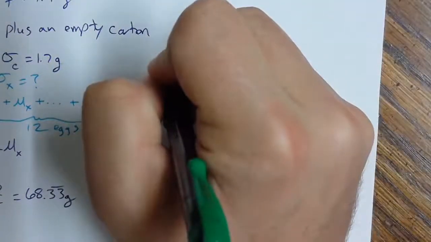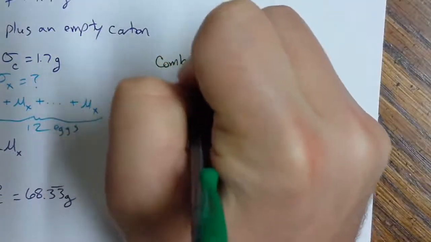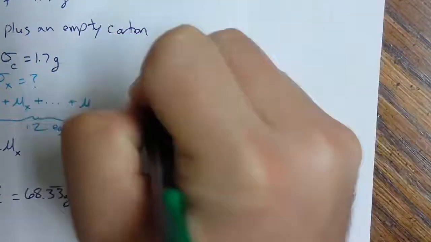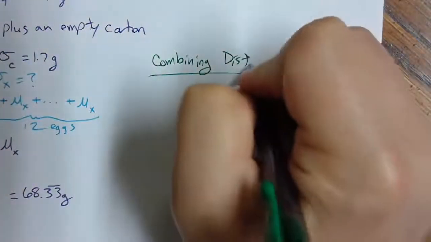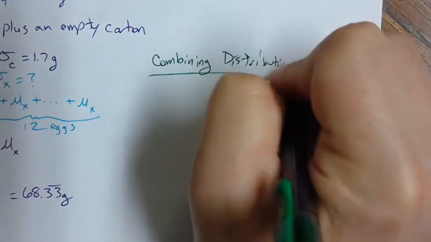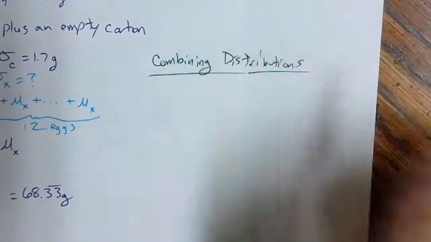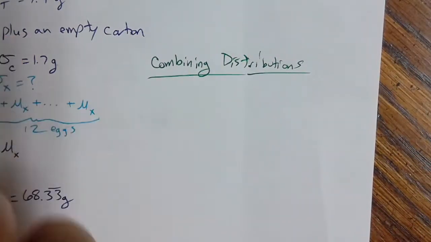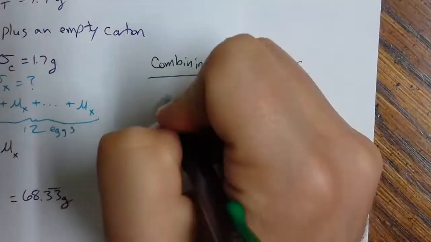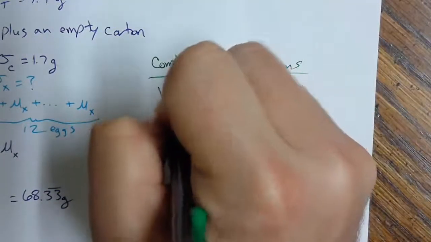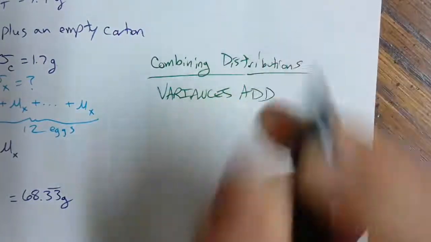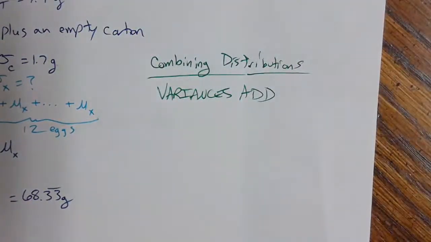When you're combining distributions, it's really tempting to want to work with standard deviations. But in general, when you combine distributions, and they need to be independent, that's why they wrote this prompt by saying that it is reasonable to assume independence in two different cases. But what's really important to remember is that variances add. This is true if you're adding two distributions, subtracting two distributions, it doesn't matter, or even multiple.